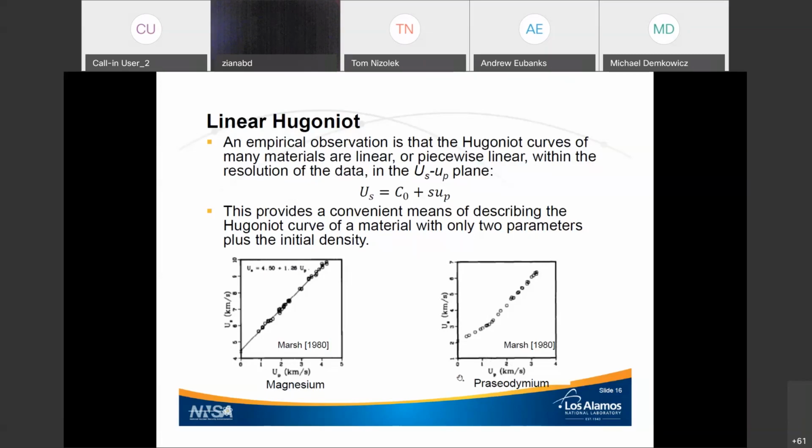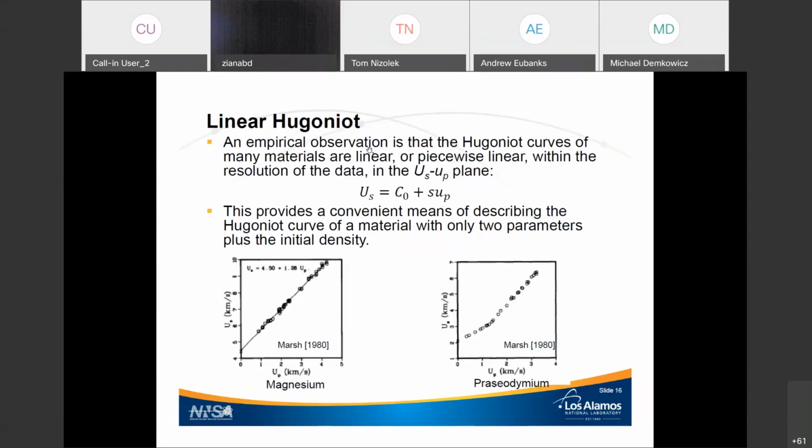Now, here's a somewhat more complicated situation. This is praseodymium. And here, it's sort of piecewise linear. There's actually a little curvature to it. Occasionally, people will add a quadratic term to this, but the vast majority of tabulated Hugoniot fits are just straight lines in US UP space.